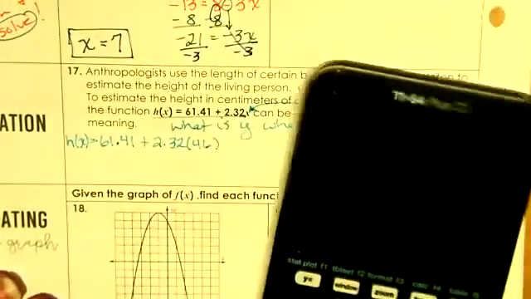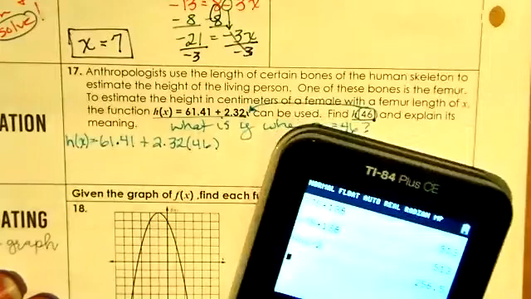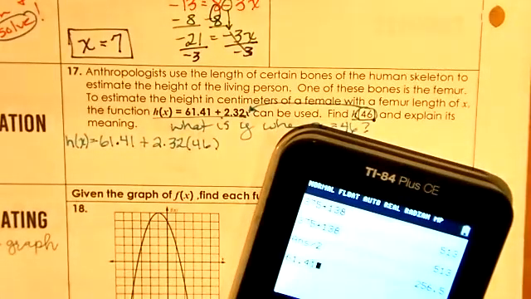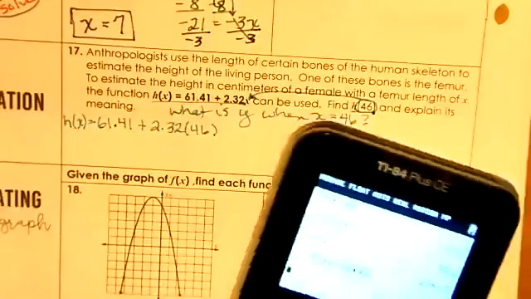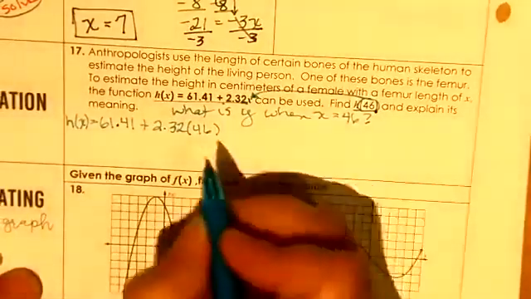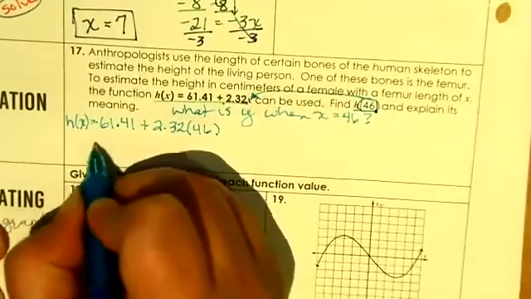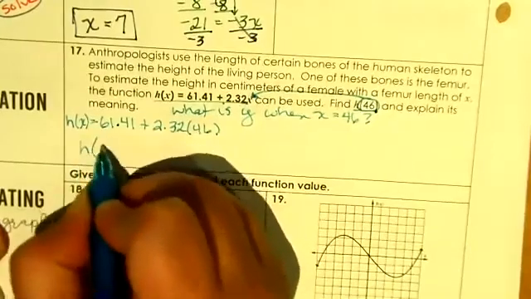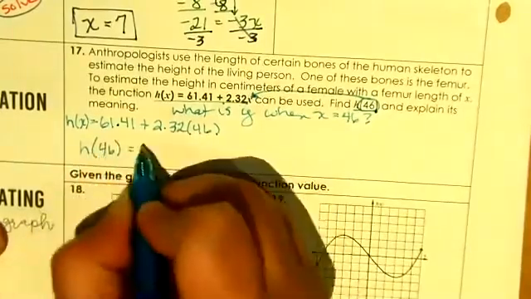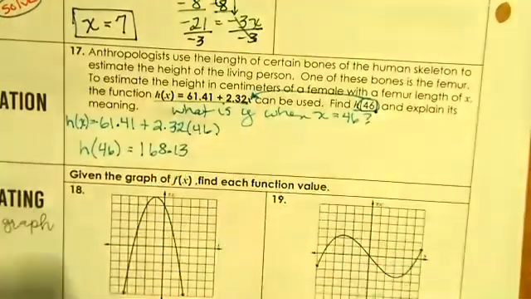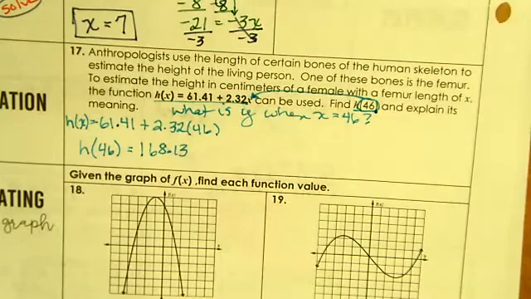So I punch that in. 61.41 plus 2.32 times 46, which gives me that h of 46 equals 168.13. But now we got to think about, what does that mean?